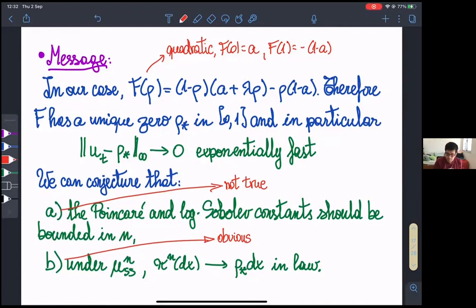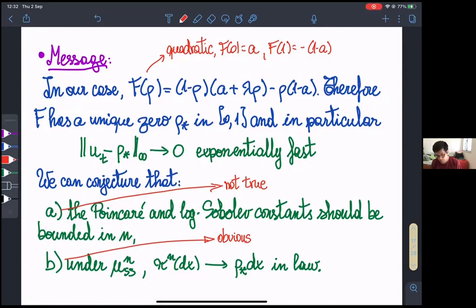Okay, and this is easy to see from general theory of PDEs: the solution of the hydrodynamic equation converges exponentially fast to rho star as t goes to infinity, in whatever norm you want to measure this.